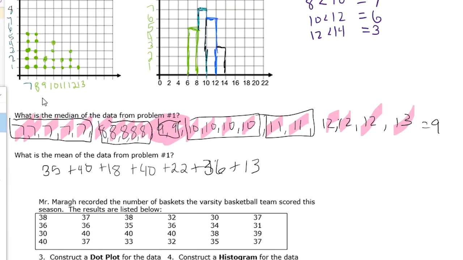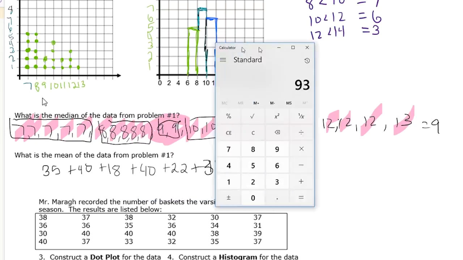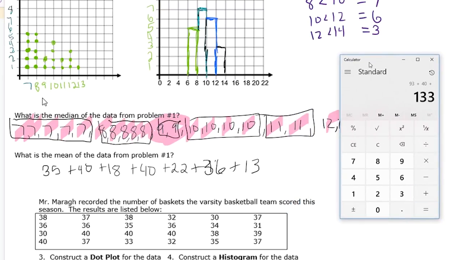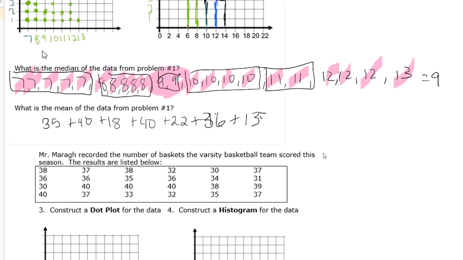Bring up my calculator here real quick. We have 35 plus 40 plus 18 plus 40 plus 22 plus 36 plus 13. So that's 204. And then we got to divide it by the total.